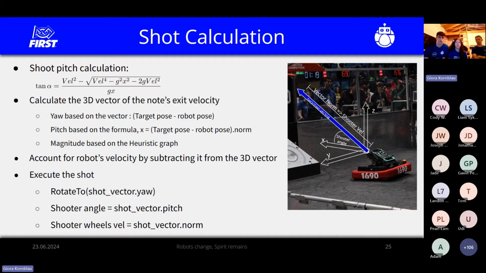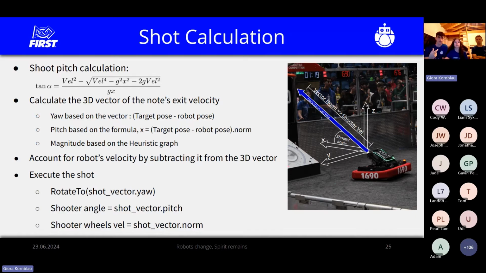By the way, we are not shooting to the target. We set a constant in our code that is the target's position, and we are shooting to it instead of the tag.